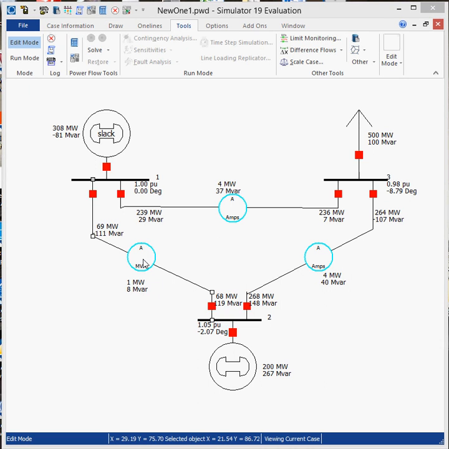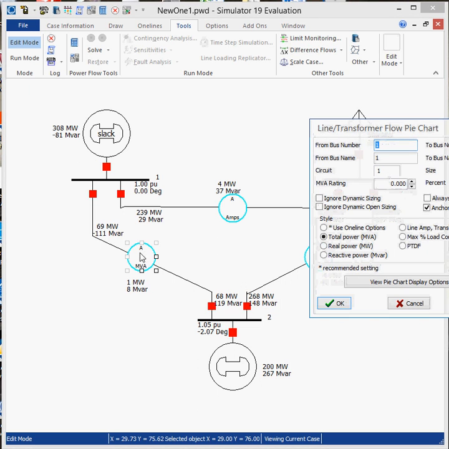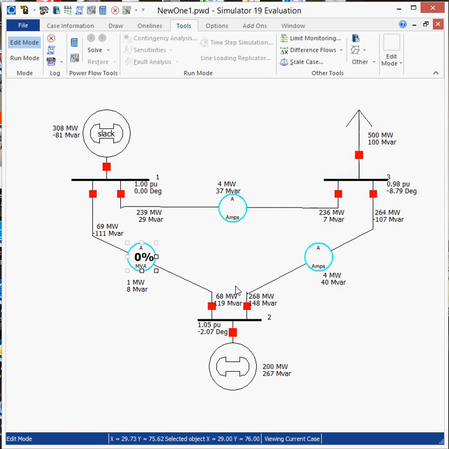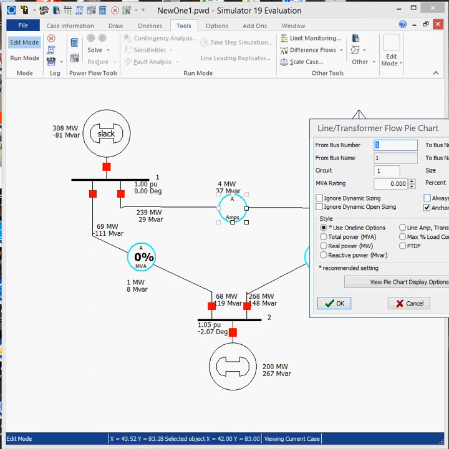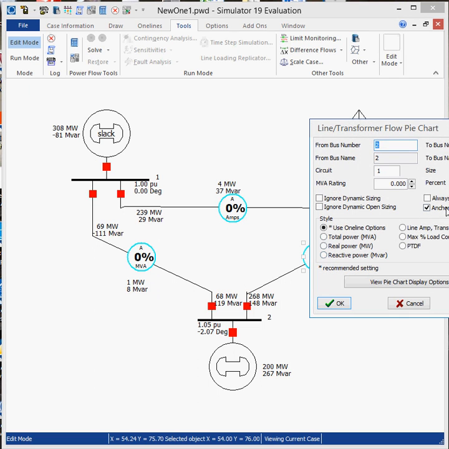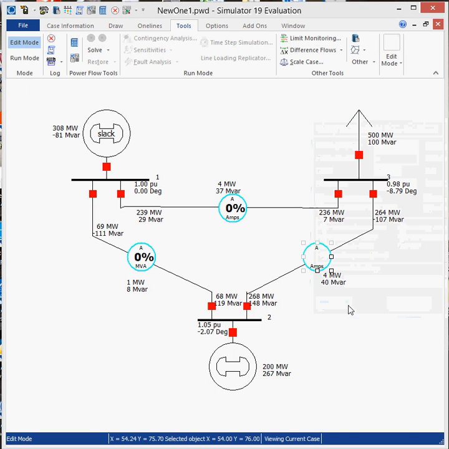Okay, so you can display the percentage of loading of your transmission line by double clicking on this, and then click this, always show value in percentage. Okay, then click run.